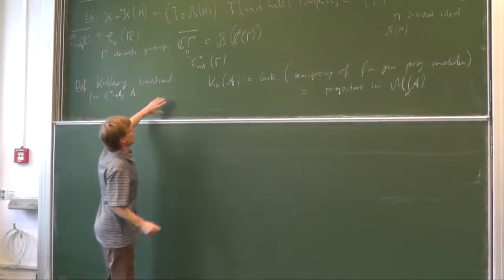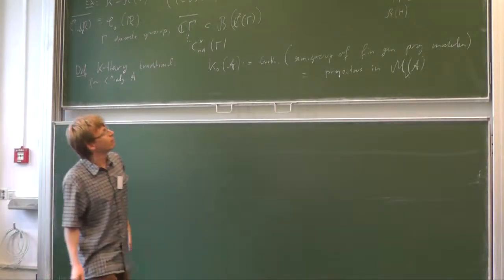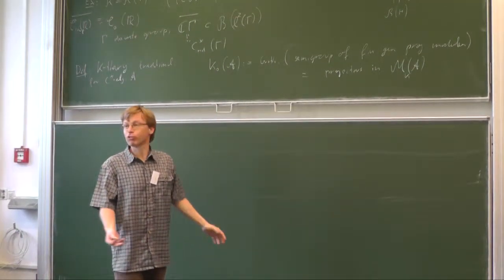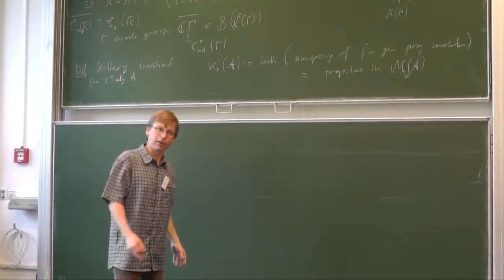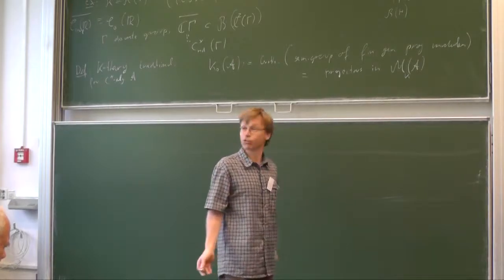Very well. So to make an element in K0, we have to find a projective module or projector. So later on you do define indices as elements in K groups. So now we know what we have to do. We have to find projectors.